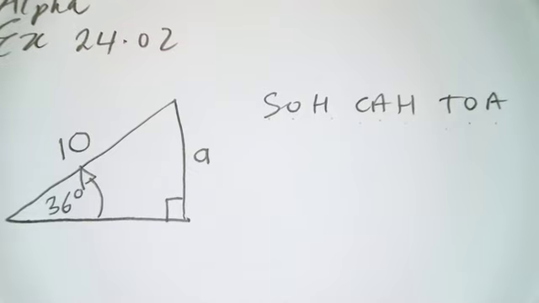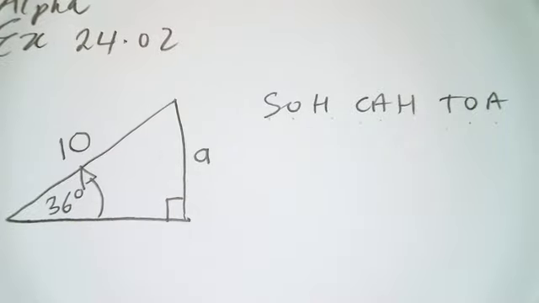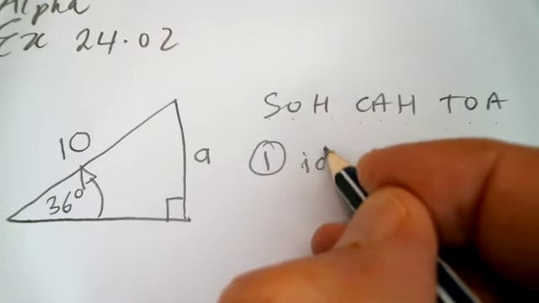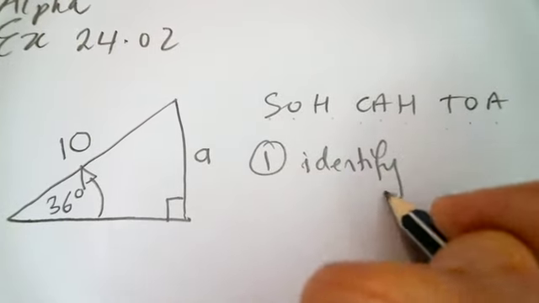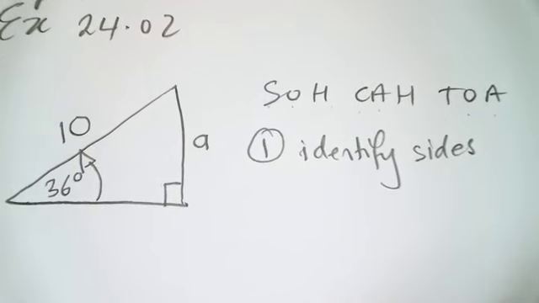But what we need to do now is, first of all, take the triangle and label it. So step one is to label it, so we're going to identify the sides of the triangle. The sides are always in relation to angles.